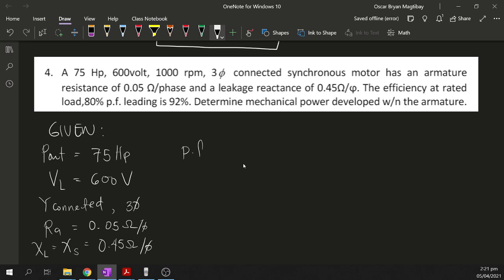The power factor is 80% lead daw, or this is equal to 0.8 lead, and our efficiency is equal to 92%. Anong required sa atin? The required for us is to get for the mechanical power developed, PD for short.